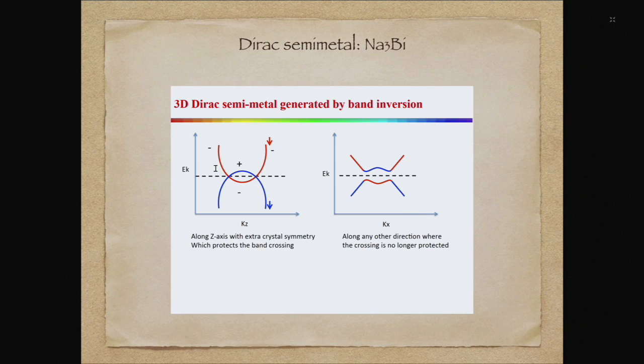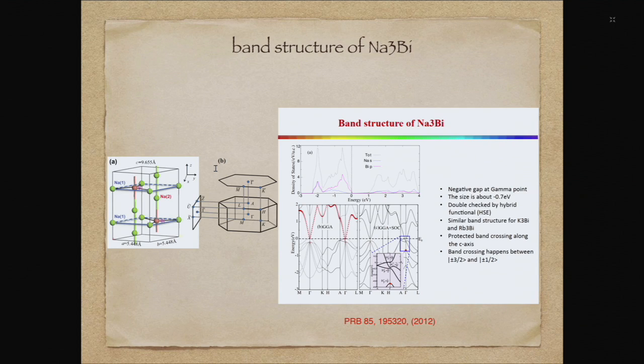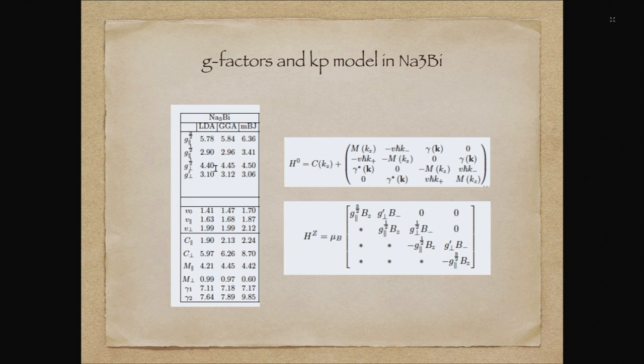Another example is the Dirac semi-metal sodium bismuth. In this material, along the z direction, there is a two-band crossing very close to the Fermi level, forming a Dirac point. This is the real band structure. You can see the crossing here along the gamma point to the Z point, and we calculate the g-factor tensor within this 4x4 low energy subspace.